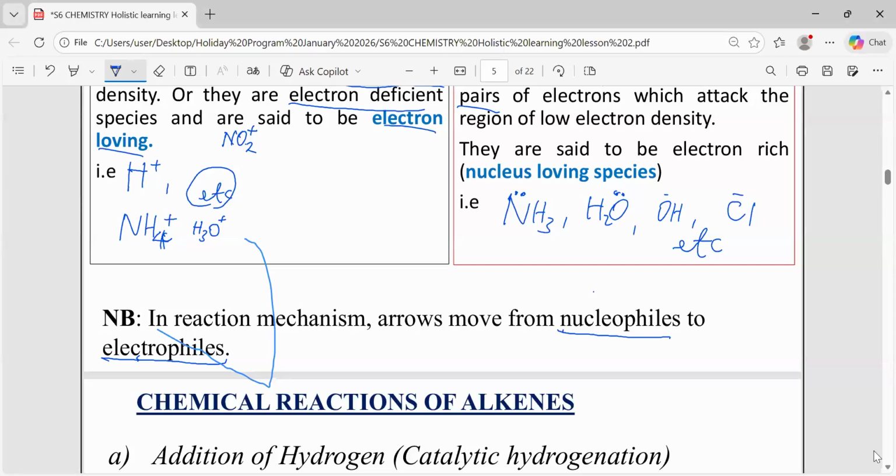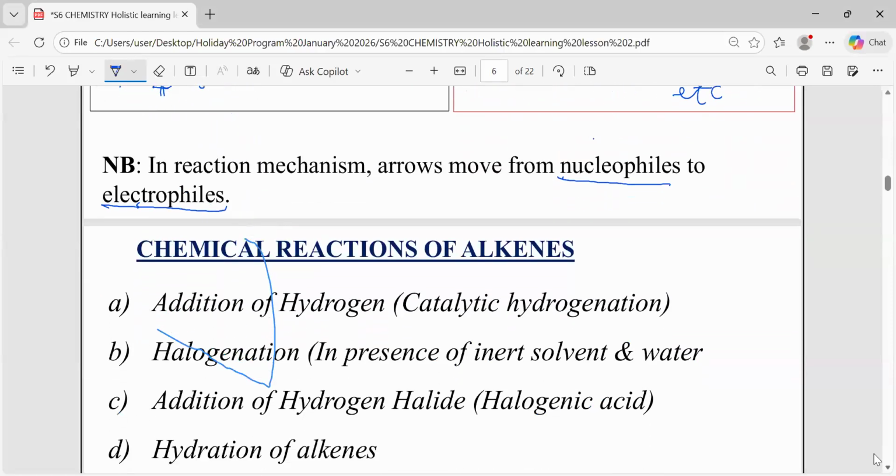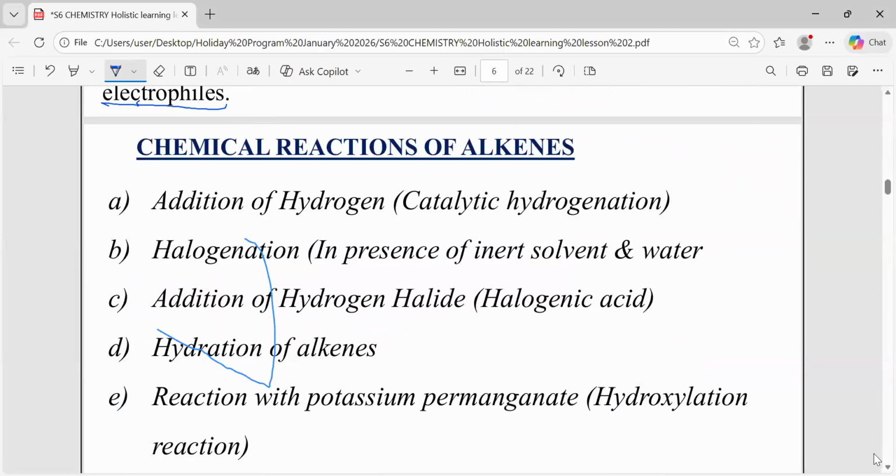So we're going to start with, let's first list all the chemical reactions. Teacher, I pray that I finally understand the mechanism. Okay, and Markovnikov's, don't worry. I can see Anita and some other person here, they are worried about the mechanisms and reactions. Today is your day to understand all these mechanisms and chemical reactions for alkenes.